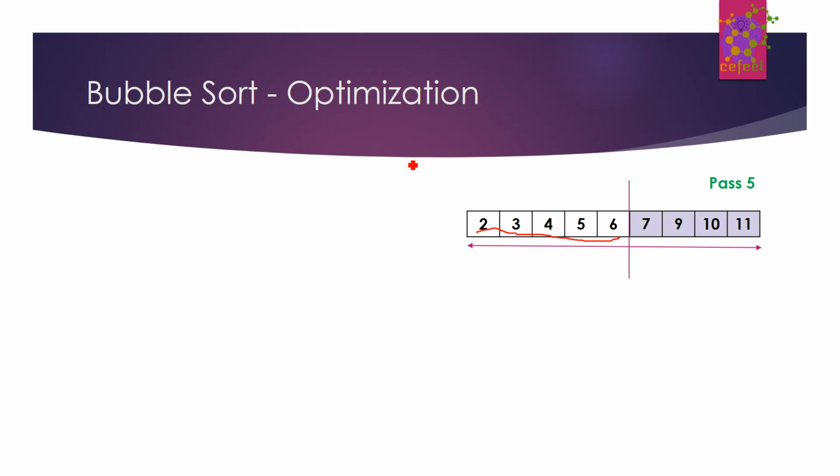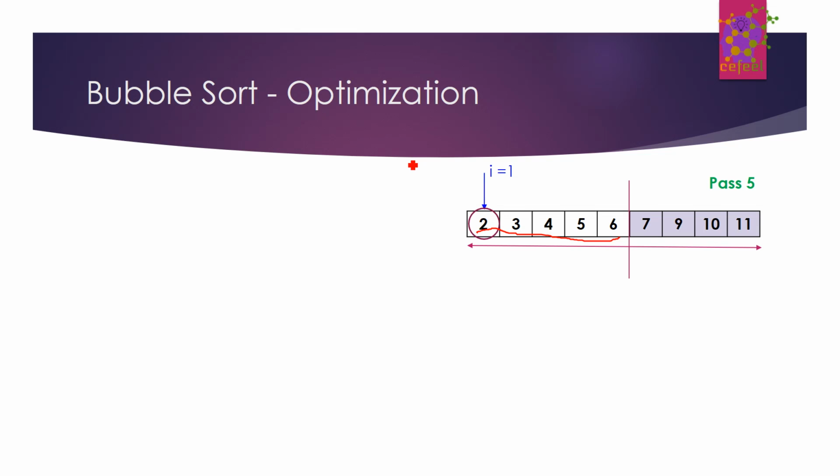There is one trick using which we can optimize the algorithm to run a little bit faster. That is, if in a pass we compared all the adjacent elements and noticed that there is no swap, then we really don't need to continue to the further passes.